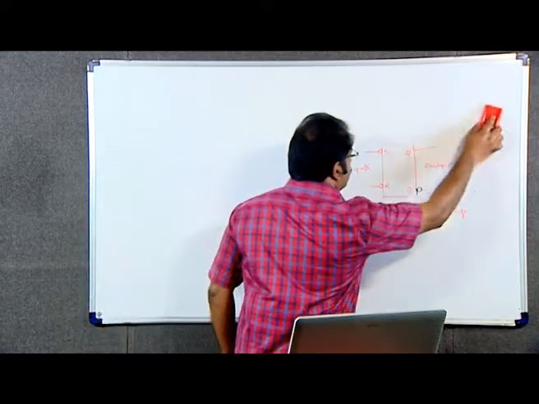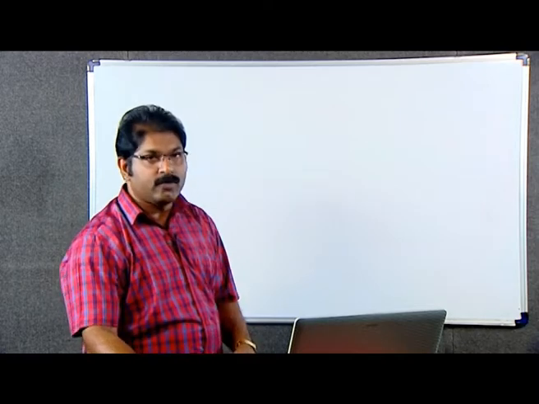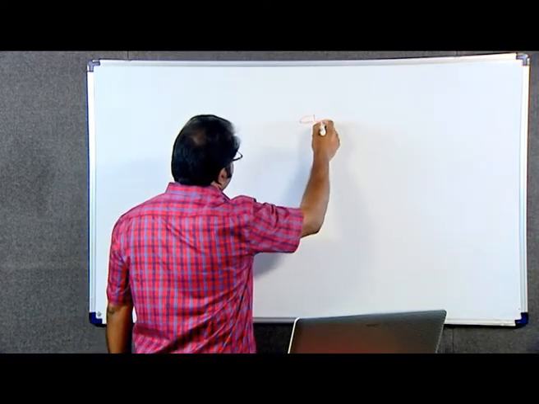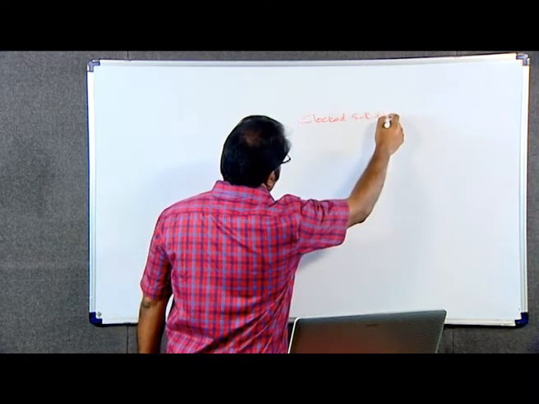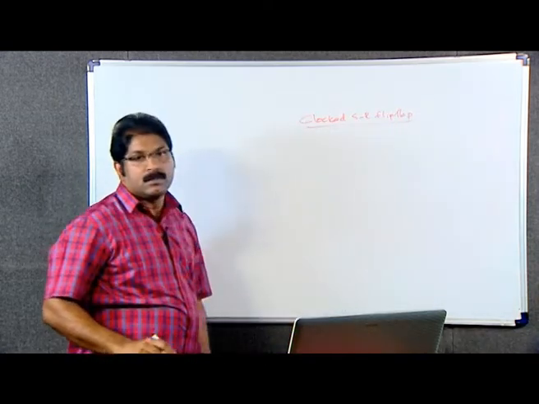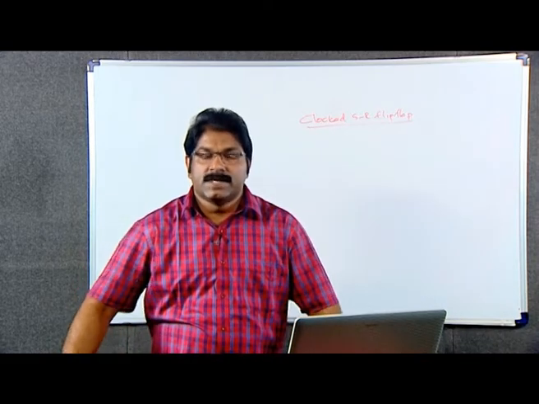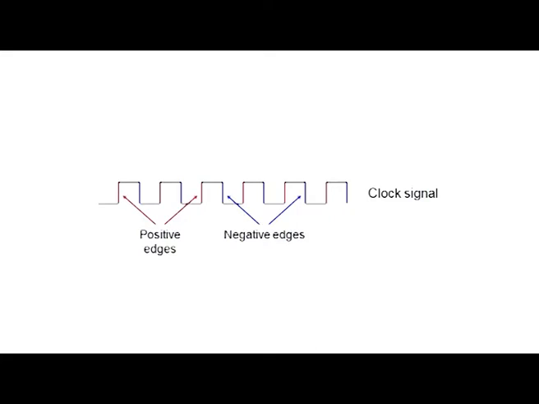Now, we are extending our discussion to a modified SR flip flop, which is called a clocked SR flip flop. The output changes state at a specified point on a triggering input.